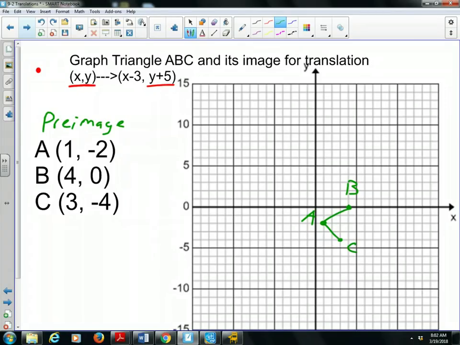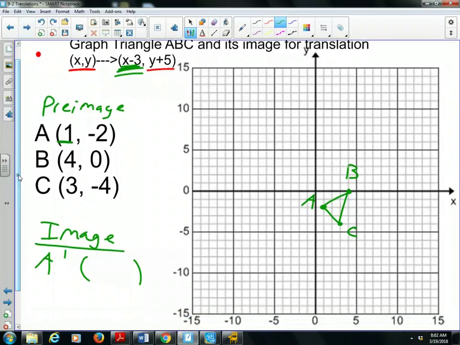And now we want the image, so after it has been translated, x minus 3 and y plus 5. So I'm going to put my image right here. And my image for A prime, for x, I'm going to subtract 3. So I'm going to take this 1 and subtract 3. 1 minus 3 is a negative 2.